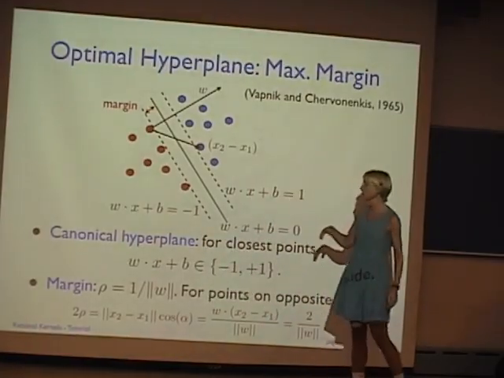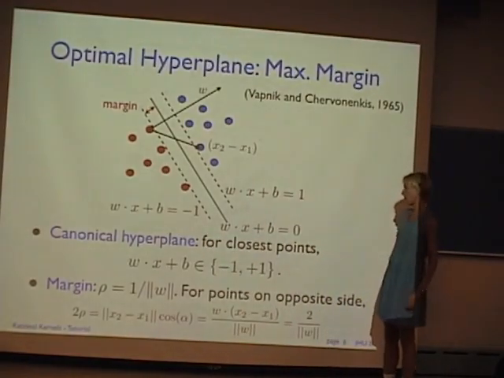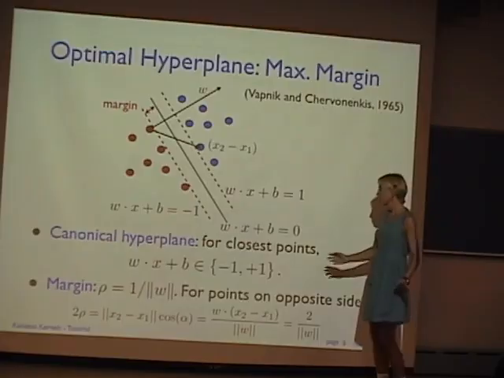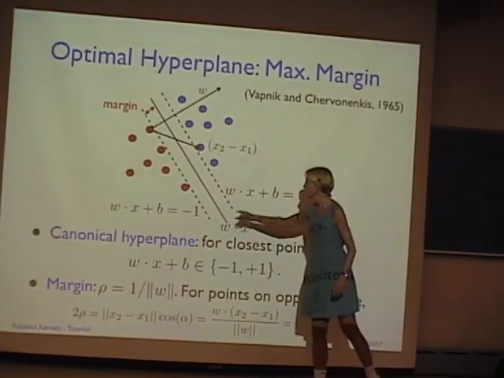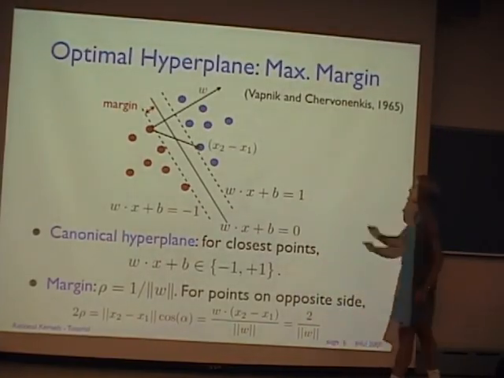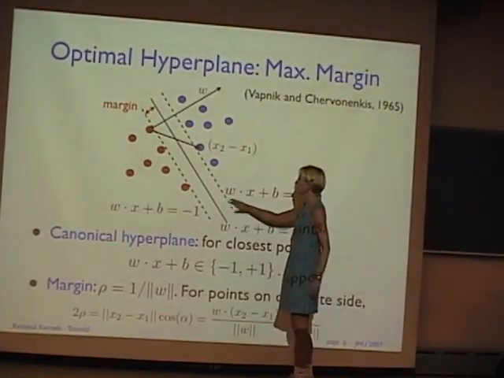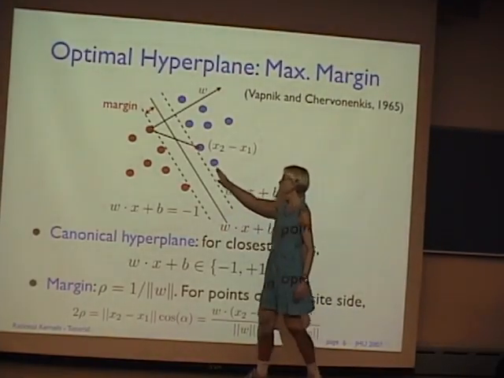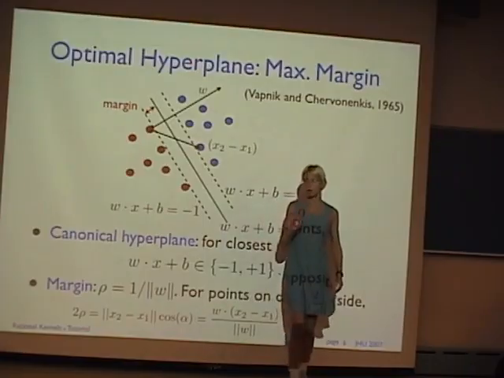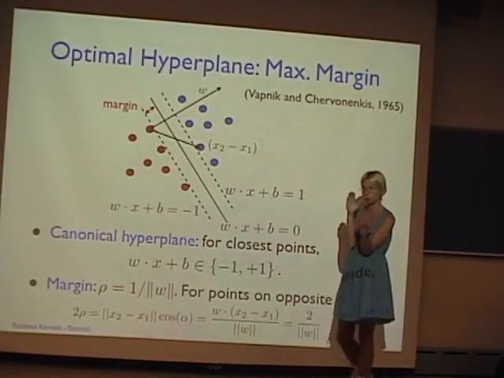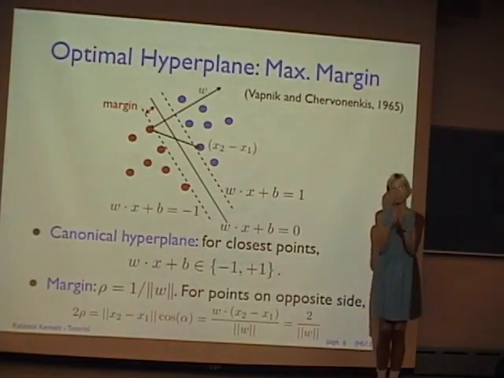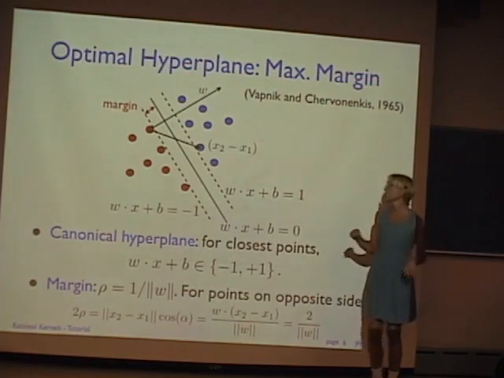We will always be working with the so-called canonical hyperplane. That is, we normalize the vector omega that describes the separating hyperplane such that it produces the value of 1 for one class and -1 for the other class, for the points closest to the surface. This is just a convention, just a normalization.